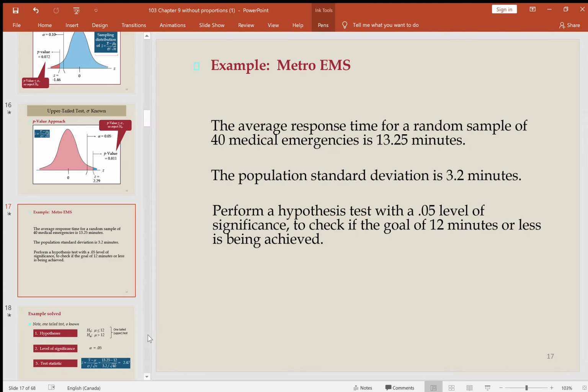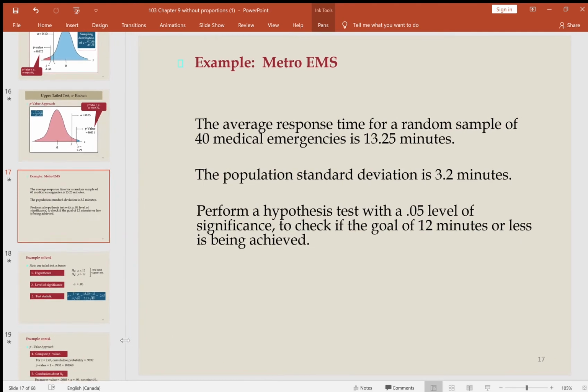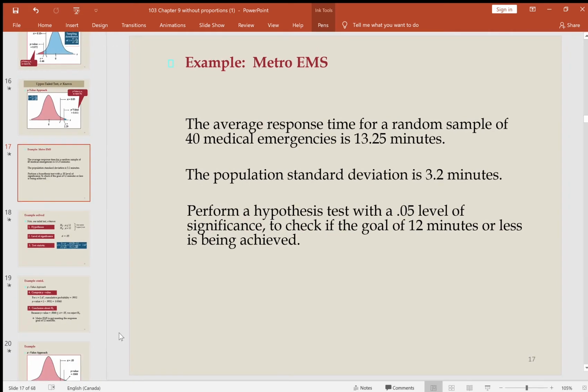I'm going to give myself a little more space here so that I can do the question. Remember we already formulated the null and the alternate. Our null was mu less than or equal to 12 and alternate was mu more than 12, and it's a one-tailed test.